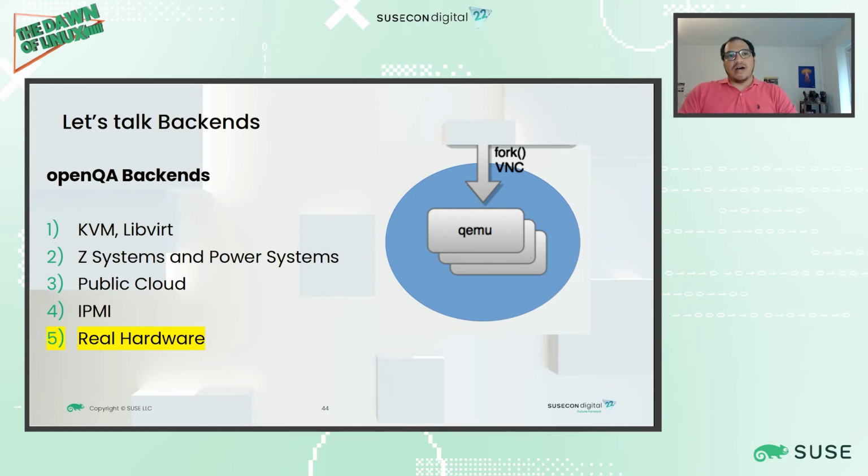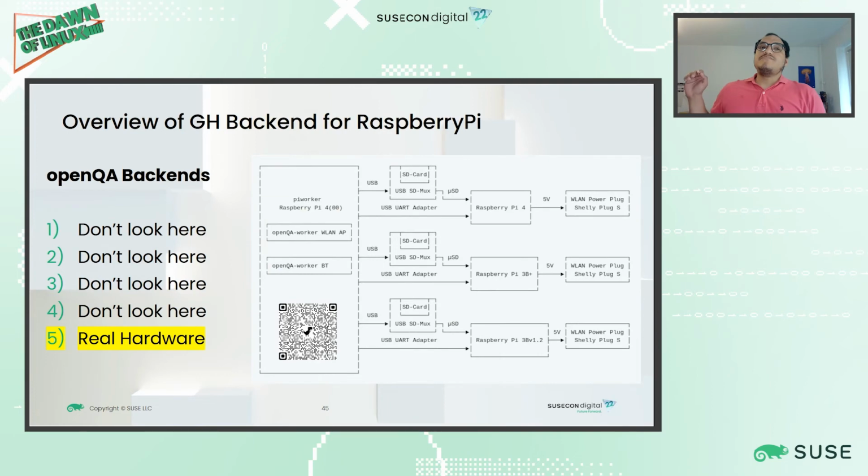Now, if you have your phones out again, you will see that there is a QR code. This is an overview of how the testing for Raspberry Pi is working right now.